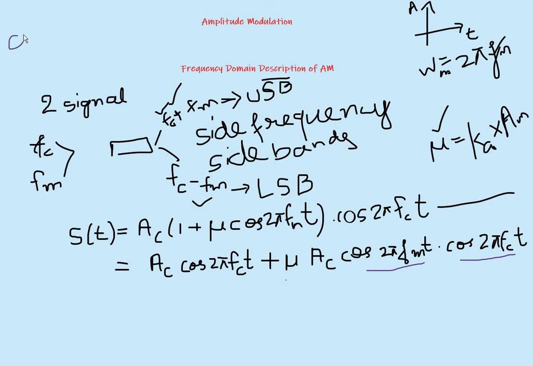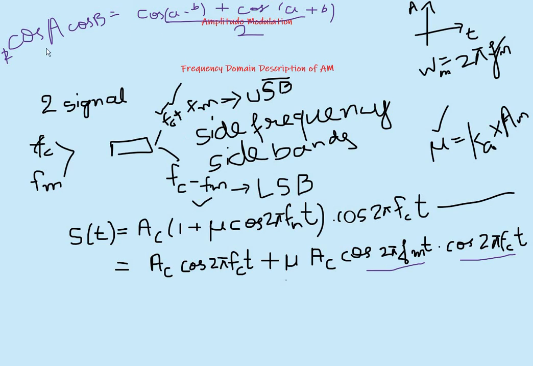The formula is 2 cos A into cos B equals cos(A minus B) plus cos(A plus B). Here we have cos A into cos B, so this 2 will go to the other side and it will be divided by 2.